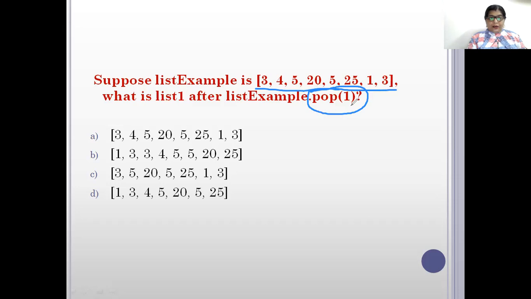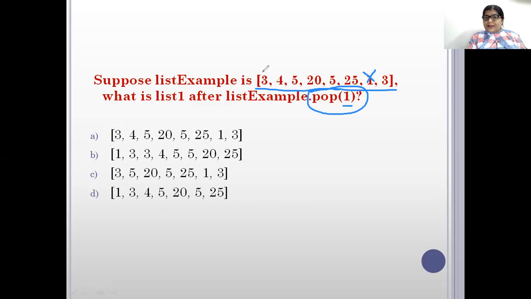What is pop 1 here? It means whatever is at this index. This is not a value. It doesn't mean you just take this one out. No, this is what it means: at the first index, whatever the value is, that is being popped out.